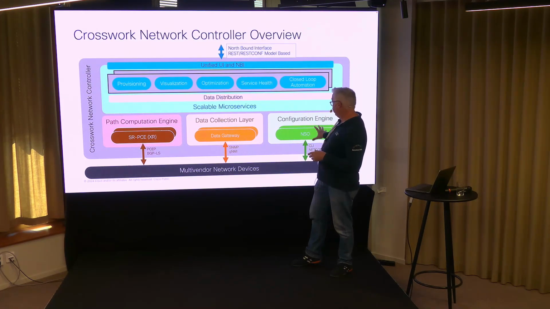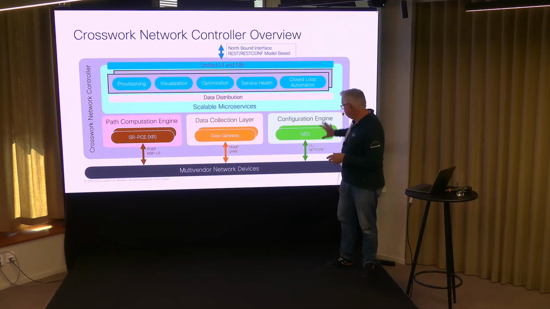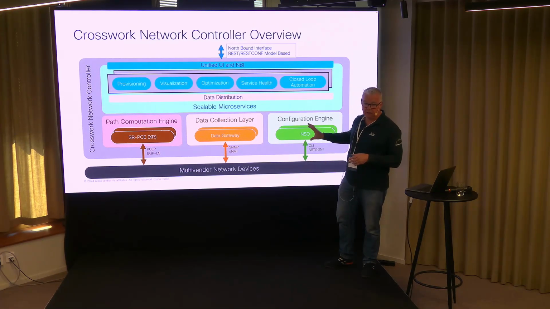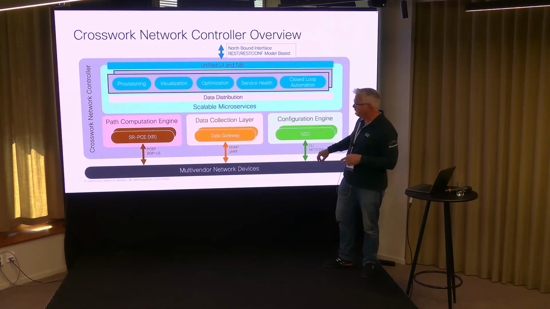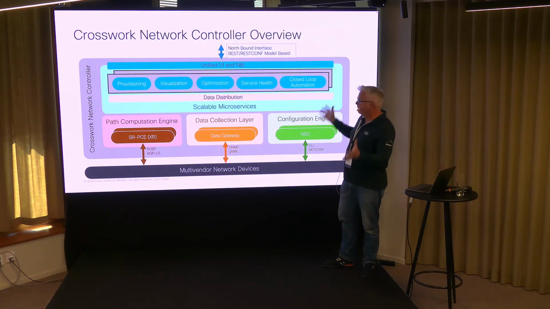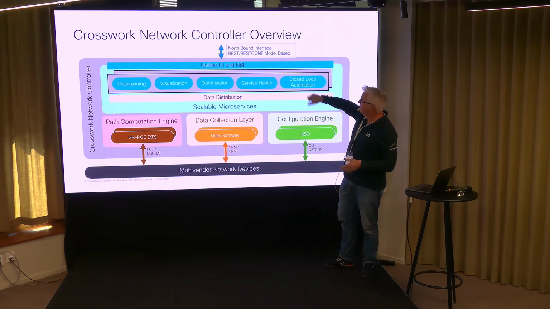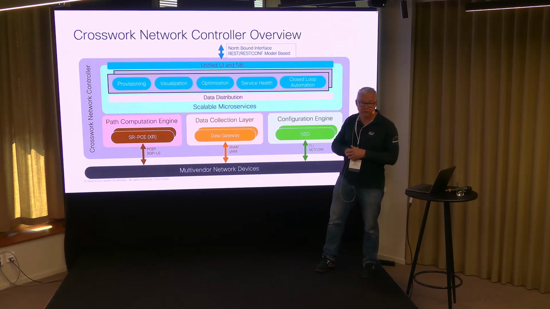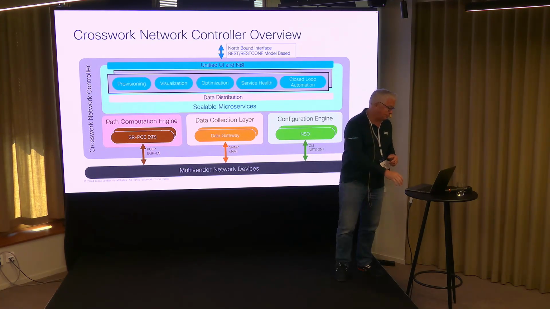And the configuration engine, which is NSO, can leverage the existing NEDs using CLI, NETCONF, or whatever. That's CNC. And of course, we have a bunch of REST and RESTCONF APIs on top, so that you can integrate with other systems.